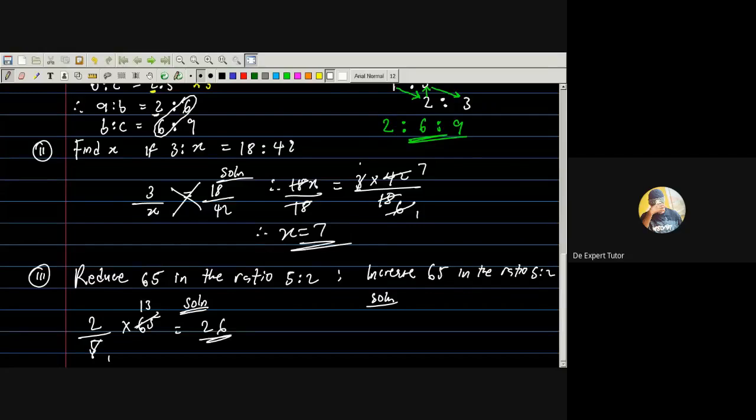Bring the big number in that ratio. 5 is bigger, put it up, then over 2, then multiply by 65. 5 times 65 is 325. If I divide that by 2, I'll have 162.5. That's it. As simple as that.